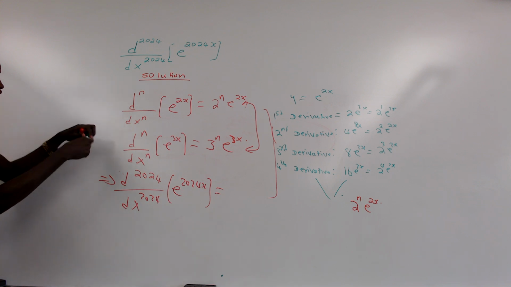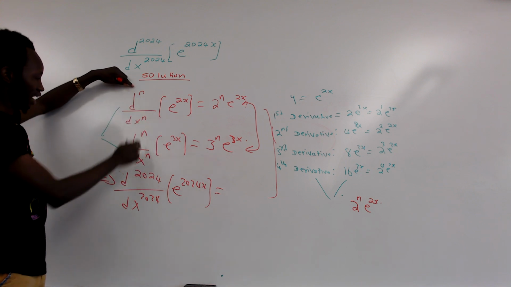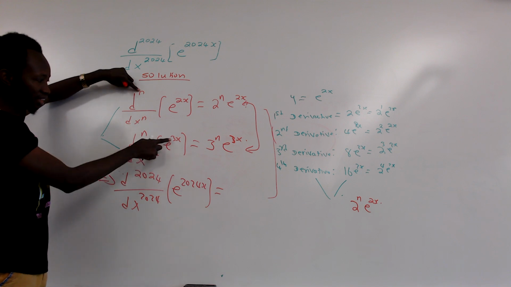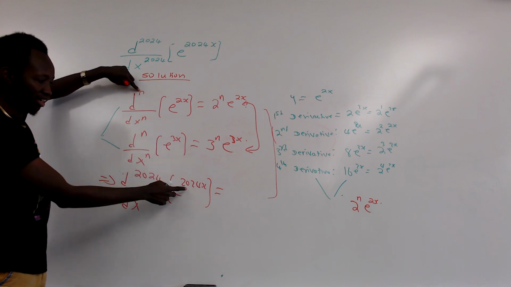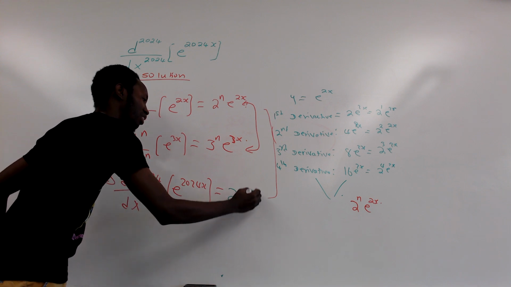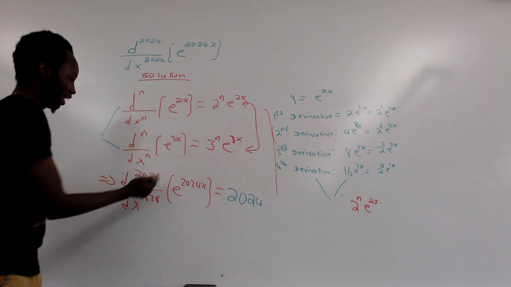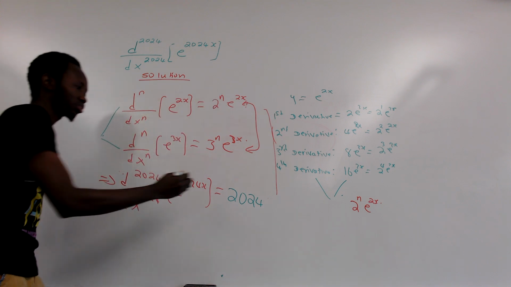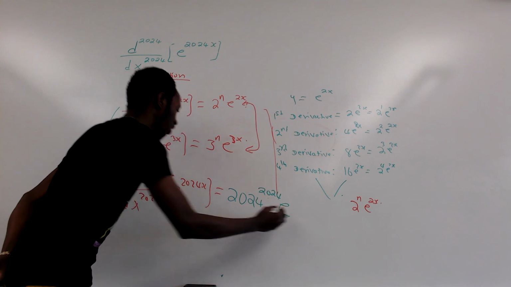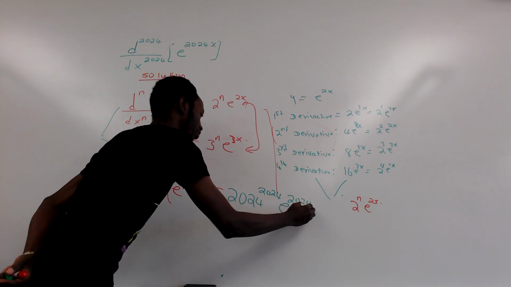If we use these two case studies, we can arrive at it. The n here is 2024, and the coefficient of x is also 2024. So the result is going to be 2024 raised to the power n, and n is the order of the derivative, which is 2024, and e raised to power the original function, 2024x.